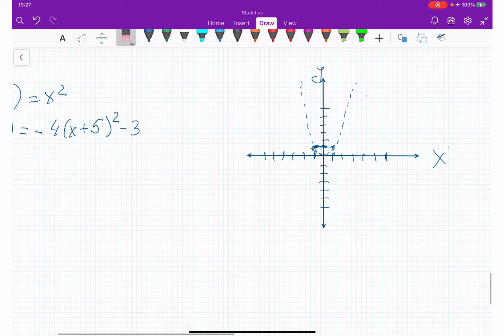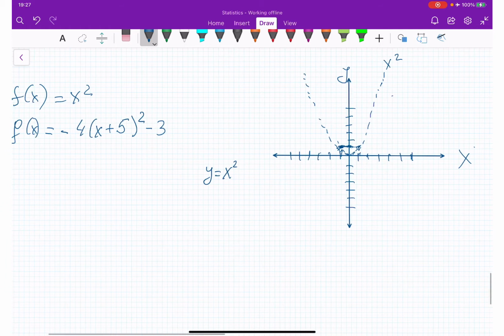Okay, this one is too narrow. That's not what I meant. All right. So this is our x squared. Now, this is y is equal x squared.